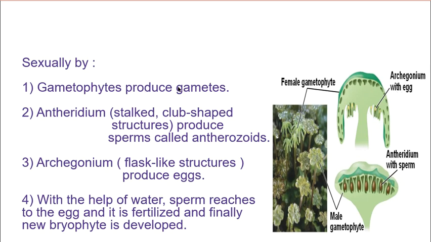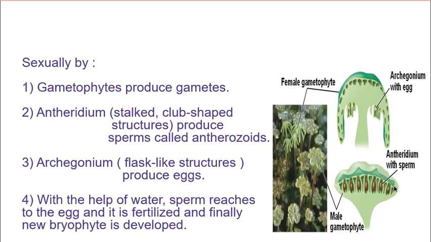Now, gametophytes produce gametes. Now, we are talking about this antheridium. It is a stalked, club-shaped structure that produces sperms called anthrozoids. Now, you can see in the diagram on the screen that this antheridium has a long stalk attached to it.